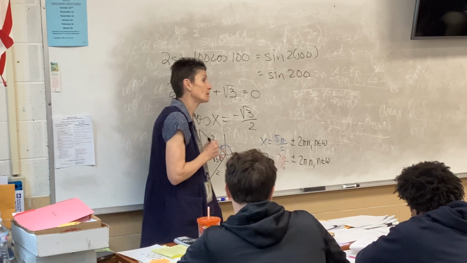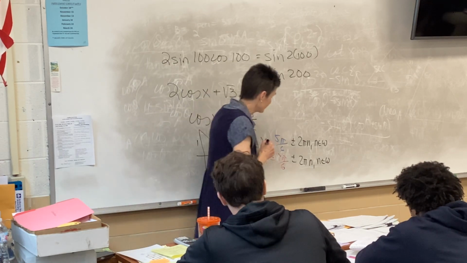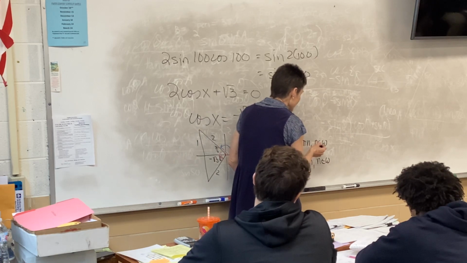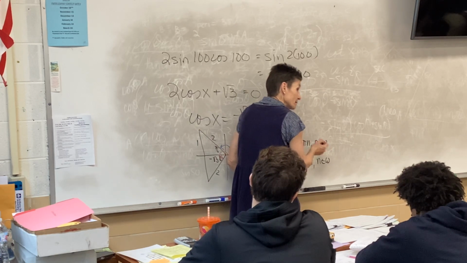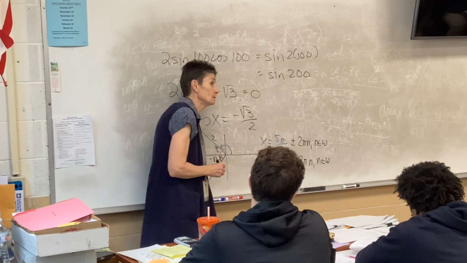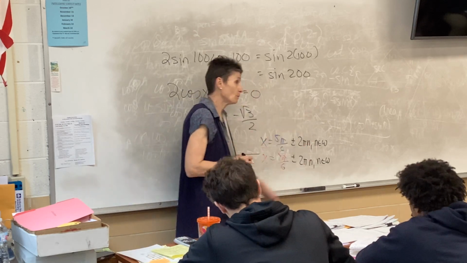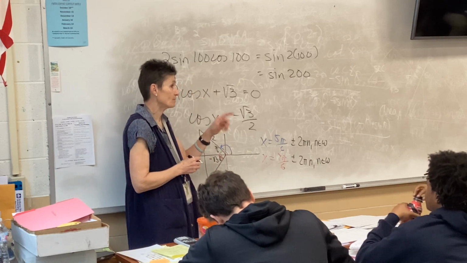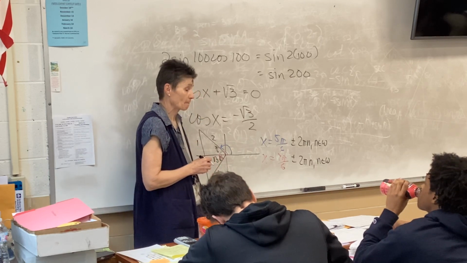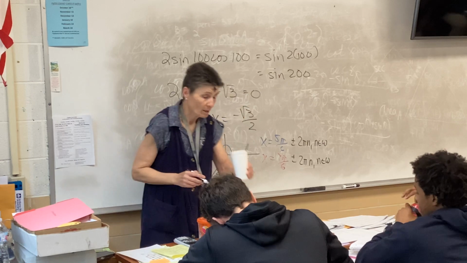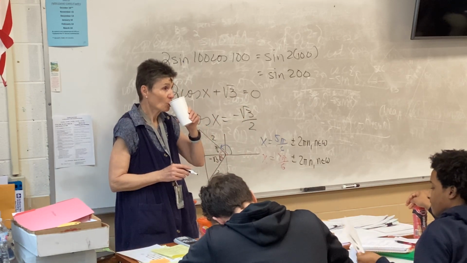What is the thing next to it? It says n is an element of the whole numbers. That's your set notation. Do we put that for all of them? Yeah. You have to know what n is. When you say 2 pi n, what do you mean by n? You mean 1 time around, 2 times around, whatever. Okay? Liam? We do 3E.